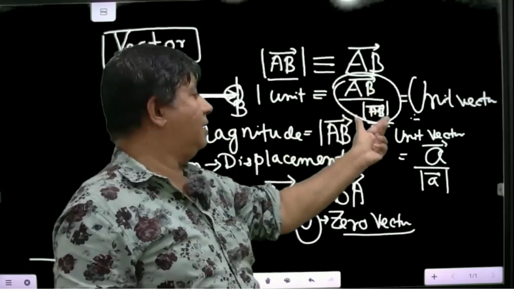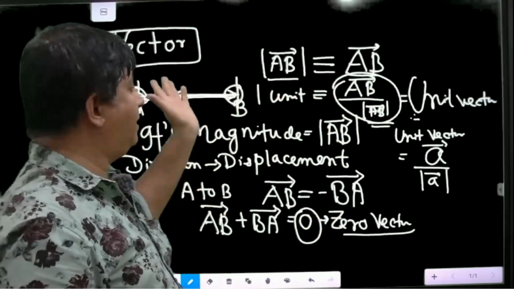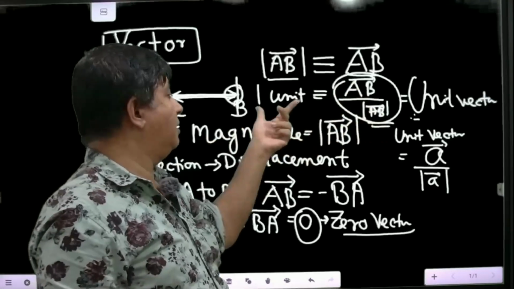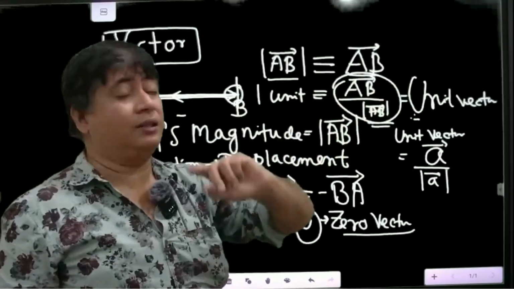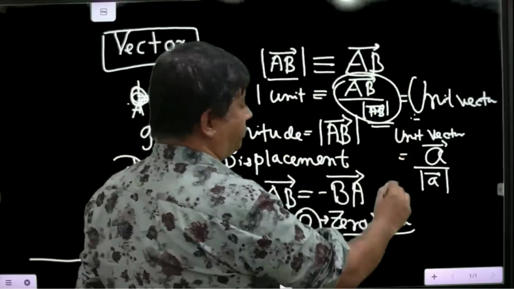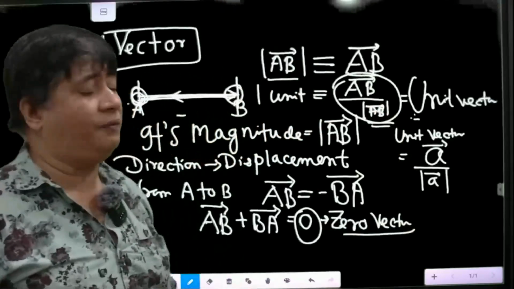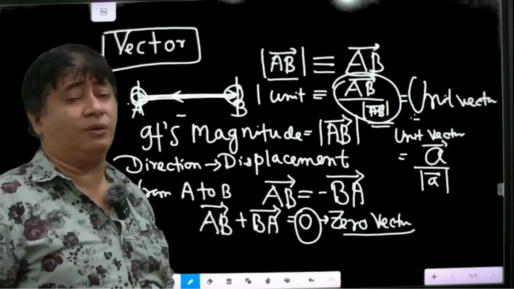So a vector, if divided by its magnitude, then it is called unit vector. Understand? What will be the magnitude of unit vector?